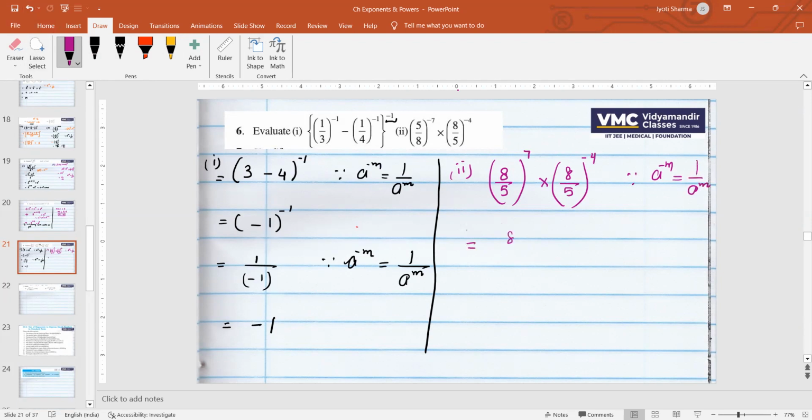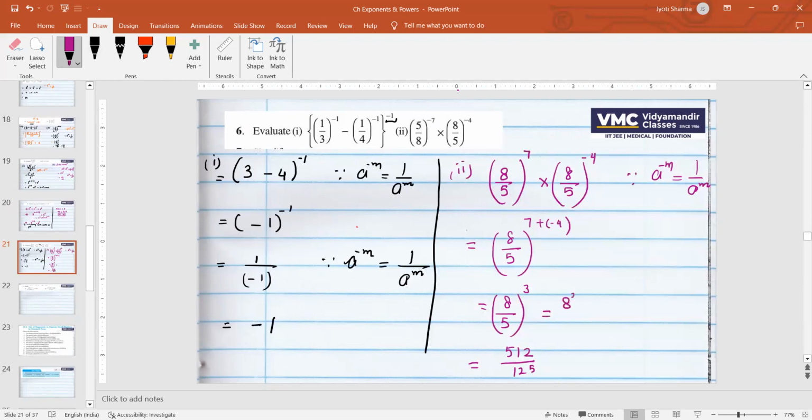Now I will apply this: the bases are same, powers will be added. 8 cube is 512. 5 cube is 125.